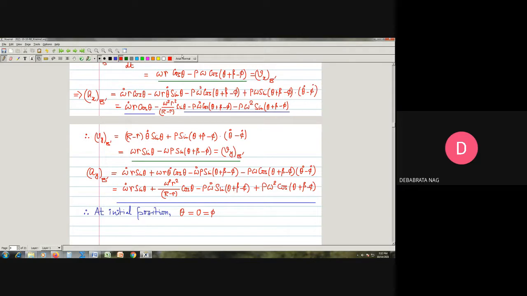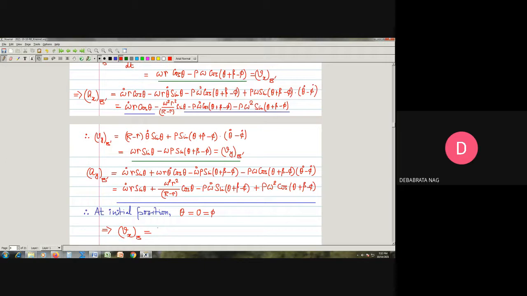If we remember that, then it implies that the velocity of the point B, so instead of B dash, now it becomes the point B. So Vxb. From B dash to B, this transformation has taken place by substituting both theta and phi equal to 0. If we put this here, theta equal to 0 and phi equal to 0, then what will happen to this expression?